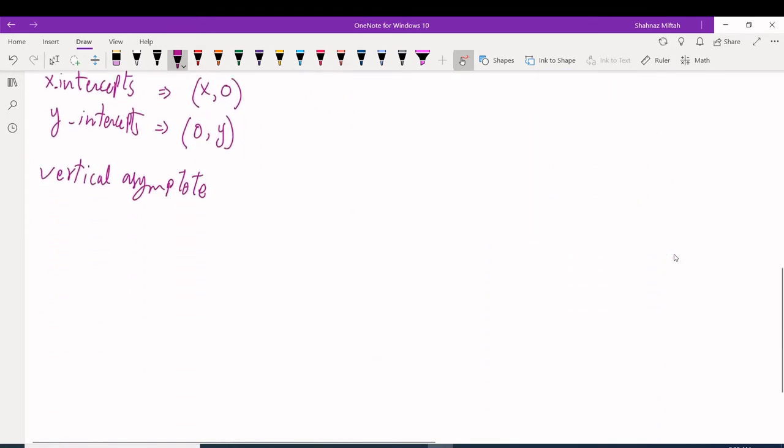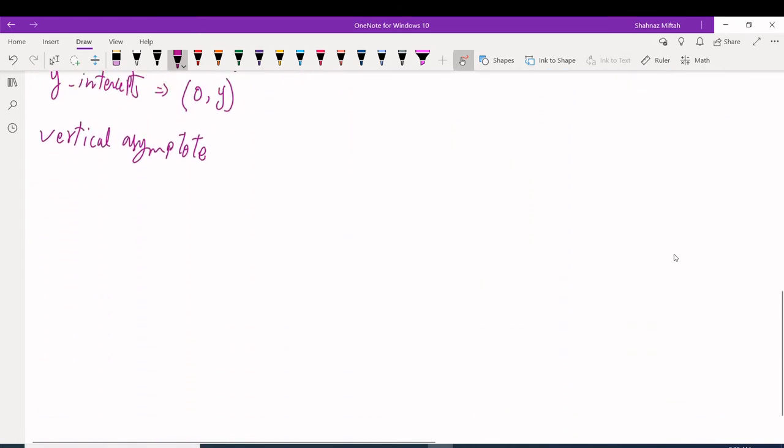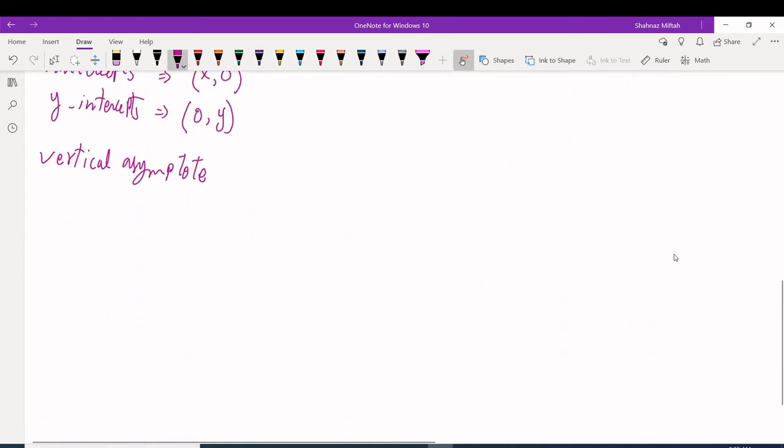So how can we tell in the graph there is a vertical asymptote, but we can't tell how we can tell in the function that we have a vertical asymptote. So in this case, before that, solve the problem.